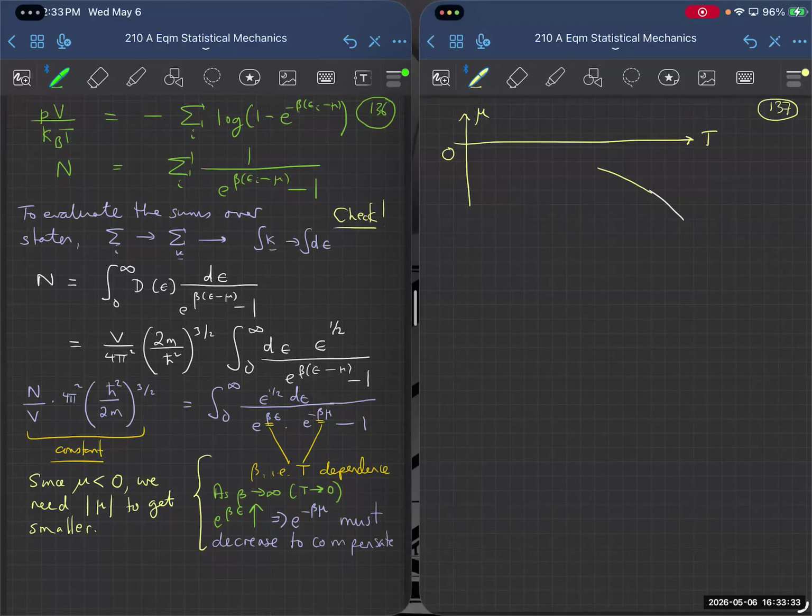So then we can ask a very interesting question. Eventually, mu as a function of T must get to mu equal to 0. It's going from a large negative number to smaller and smaller negative numbers. Eventually it'll get to 0. So let's ask the question: when does it get to 0?